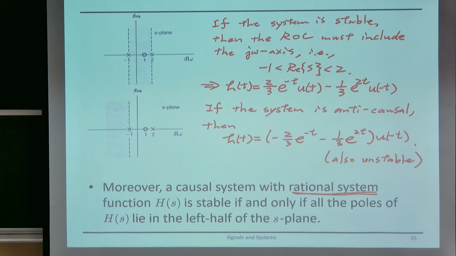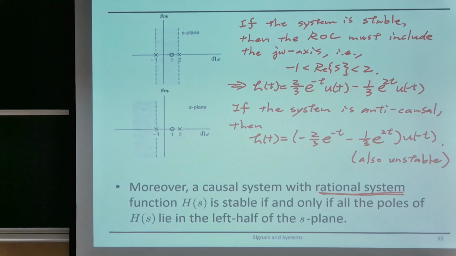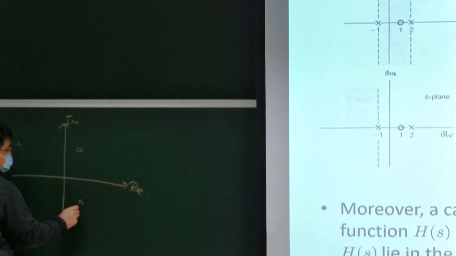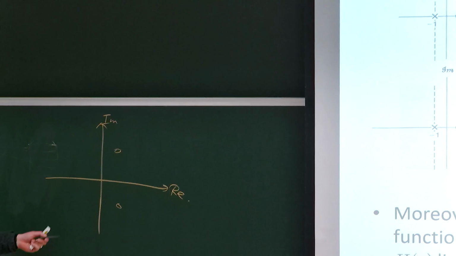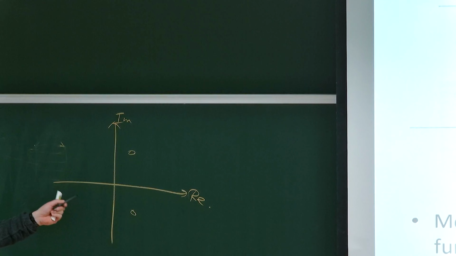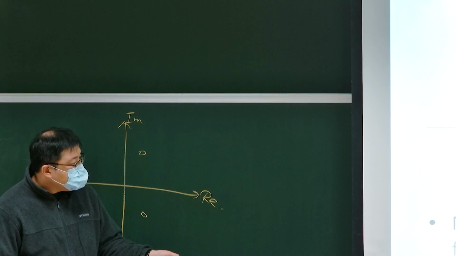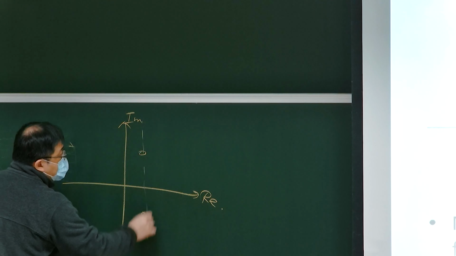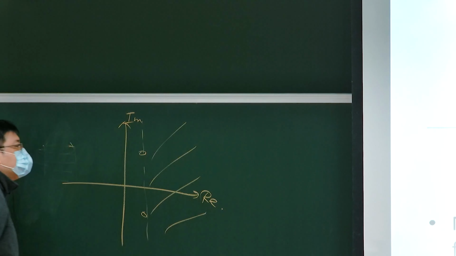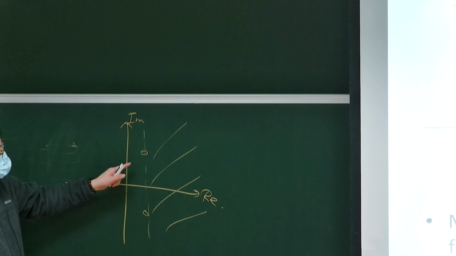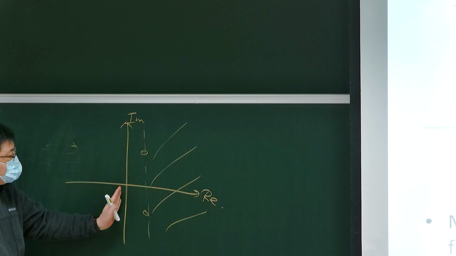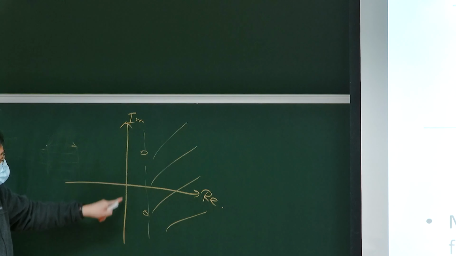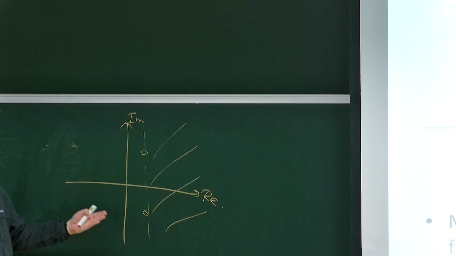So suppose you have something like this. If you have poles, let's say, here, then for a causal system, its region of convergence must be here. So if you have any poles to the right of the origin, then it's impossible for the ROC to include the j omega axis, and therefore the system cannot be stable.